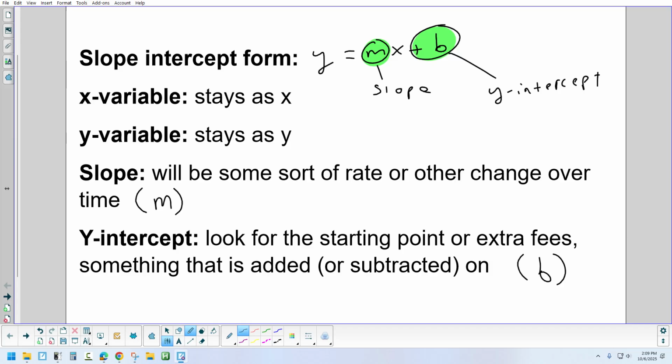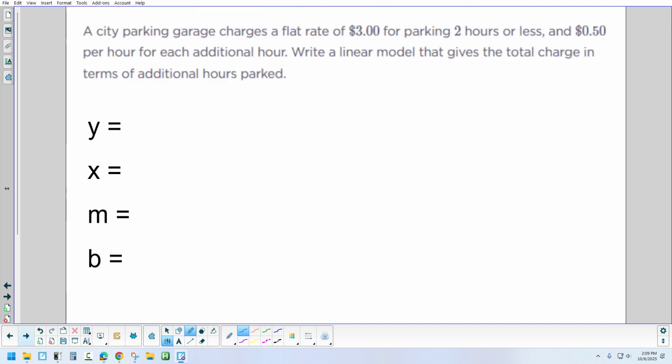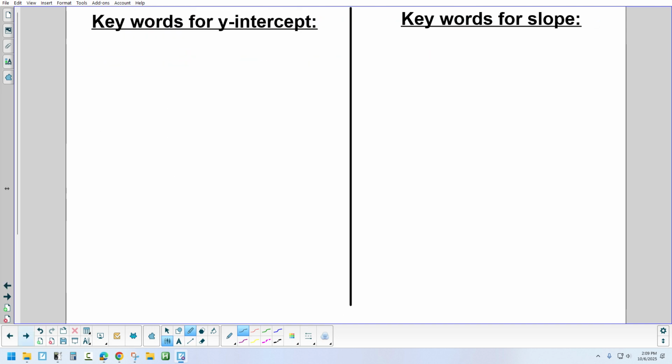Okay? So let's actually go to the last page where on your guided notes it says keywords for y-intercept and keywords for slope. People see that page? You get that? Okay.